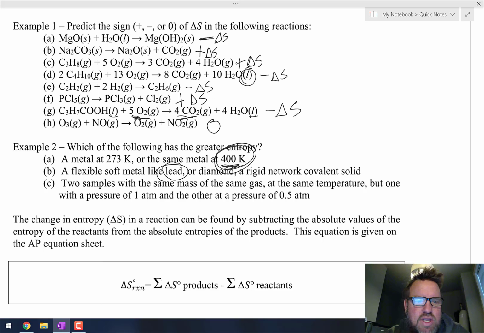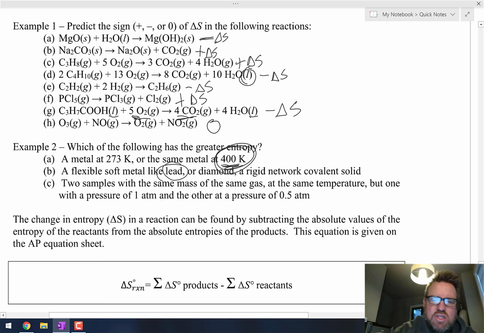Okay, and then part C, 2 samples with the same mass of the same gas at the same temperature, but one with a pressure of 1 atmosphere and one with a pressure of 0.5 atmospheres. So you have the same mass, which means you have the same number of moles, and you have the same temperature, so PV equals nRT. Let's think about this for a little bit.